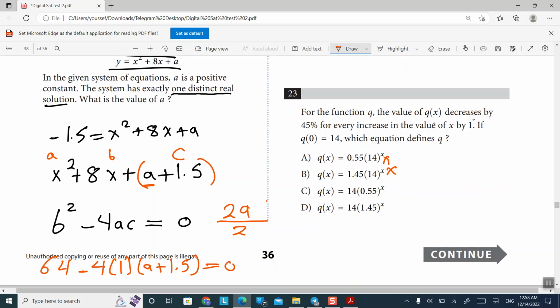He said that q(x) decreases by 45%, so 1 minus 0.45 is 0.55 inside the brackets, times a to the power of x, where a is the y-intercept, since we don't have another constant added to the function. So a equals 14. The correct answer is C.